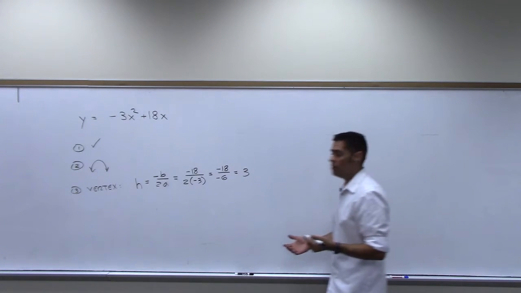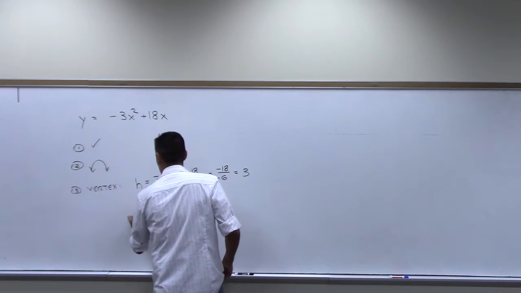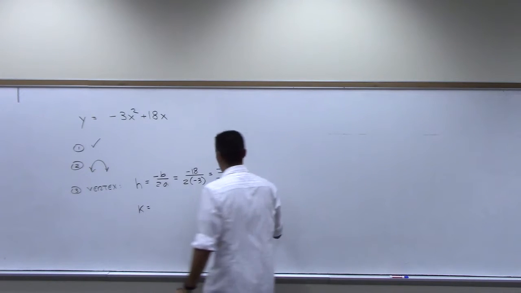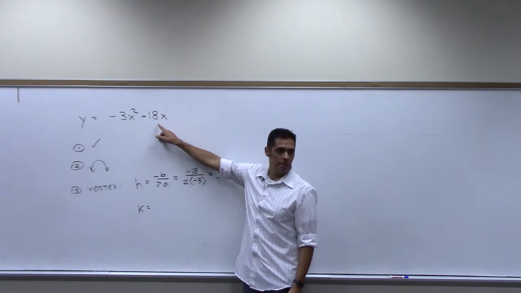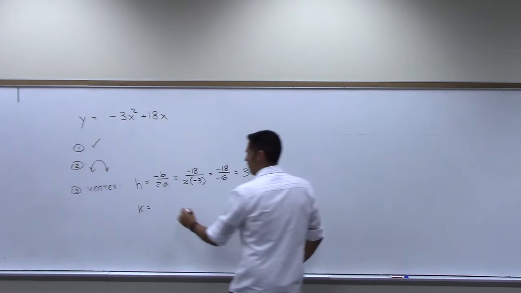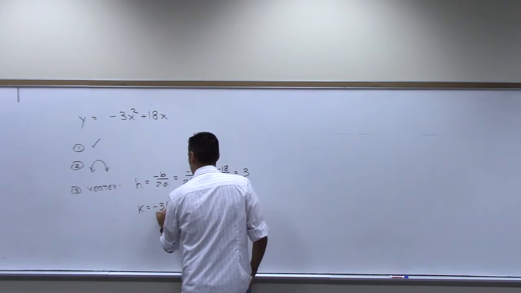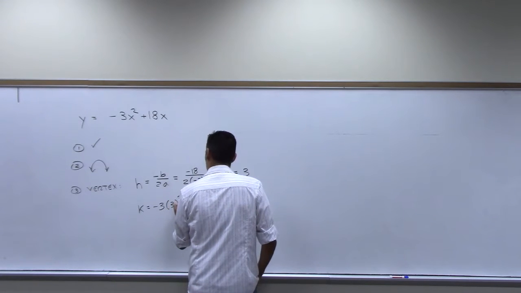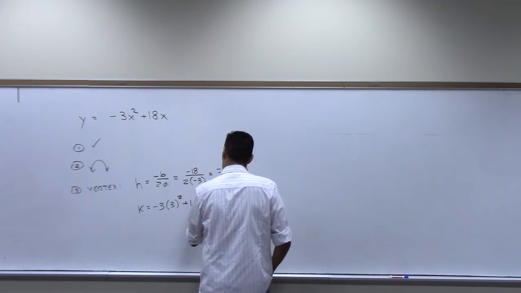To find the k, we take that answer and we replace the x in this formula with it. So be careful there when you plug that 3 in. It's negative 3 times (3) squared plus 18 times 3.